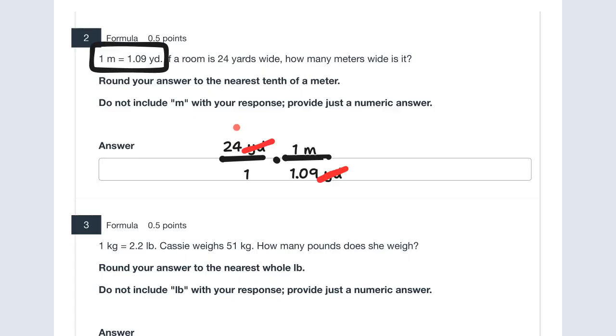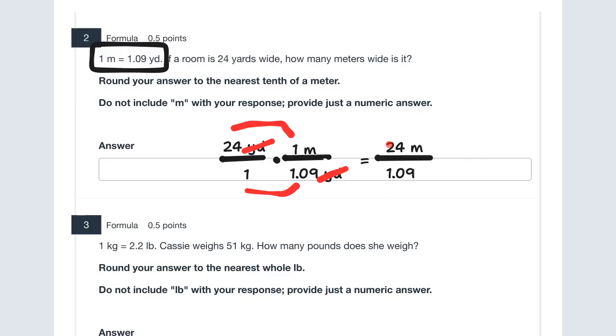Then I'm going to multiply this 24 times the 1 and that 1 times the 1.09. So this is going to equal what's in the top. And the top is 24 meters. And the bottom is 1.09.